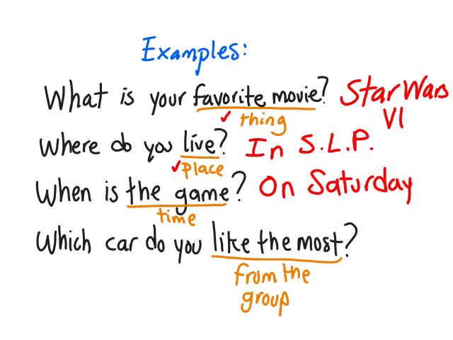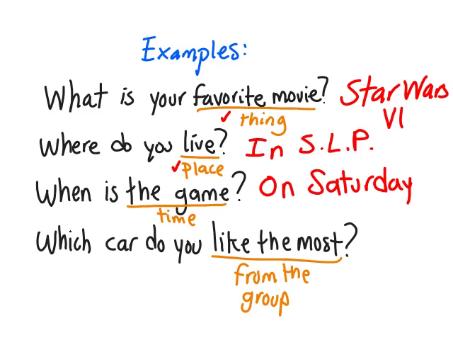Now, in the next one, which car do you like the most? Okay, so let's imagine that we have a group of cars in front of us, and we have to choose what car we like more than the rest. Okay, so that would be the way we answer. The way we ask.